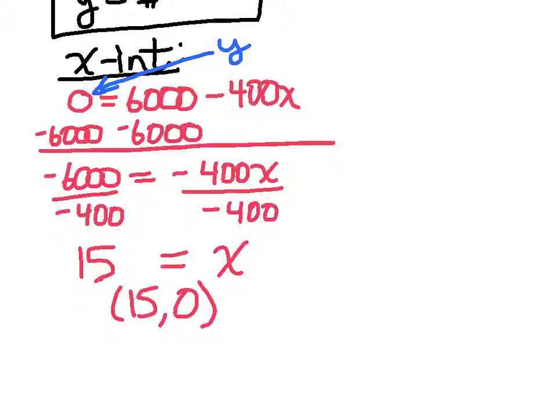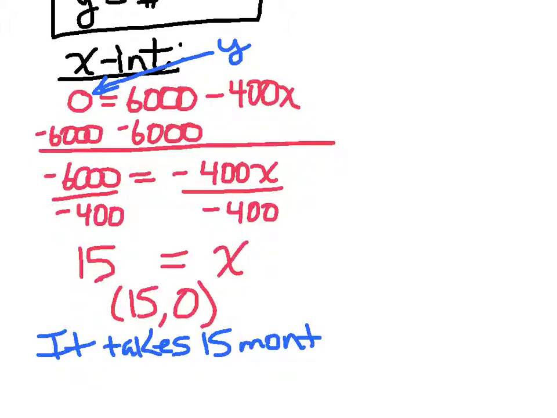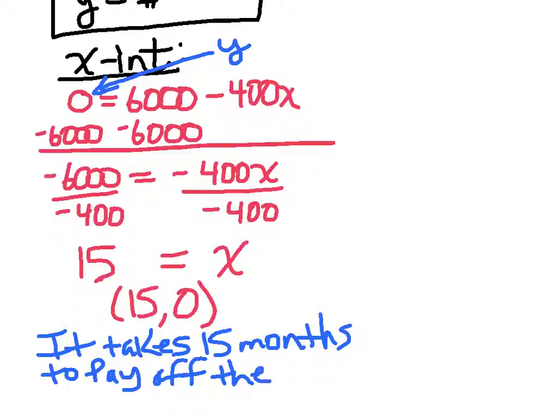So this means, remember, y means the amount of money that she owes. So when I say that she owes $0, it takes x amount of months, 15 months. So basically, to interpret this is that it takes 15 months to pay off the loans. All right, and so that's what this means in the context of the problem, right? We had to use the fact that we put in 0 for y in order to make that interpretation.